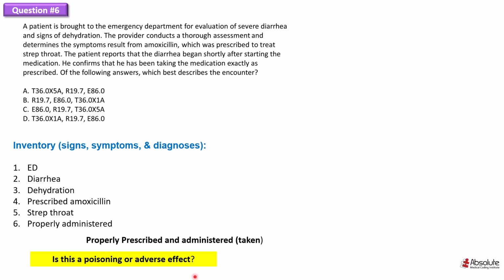Was it properly prescribed? Well, yeah. This is one of the few things we can assume: when a patient has a prescription, it says it was prescribed, and that it was proper. And the patient affirms that he's been taking the medication exactly as prescribed. So it was properly administered or properly taken. This is an adverse effect.